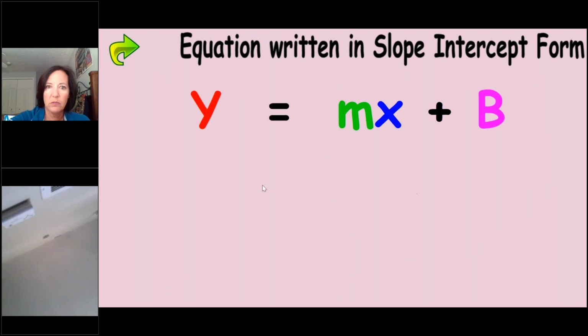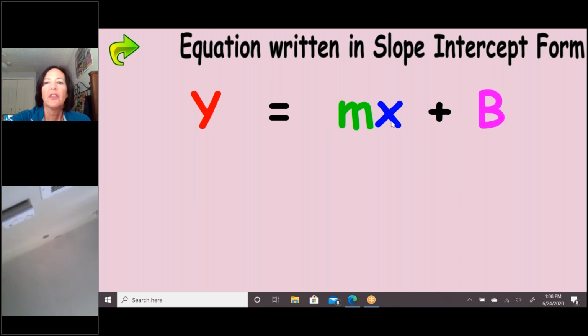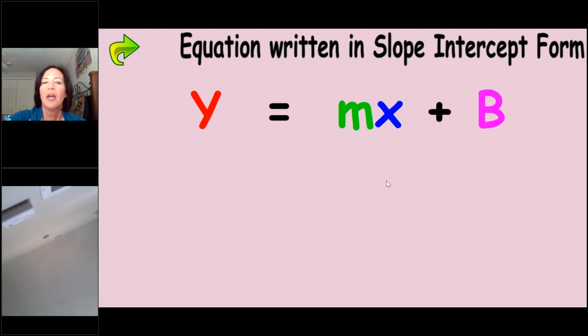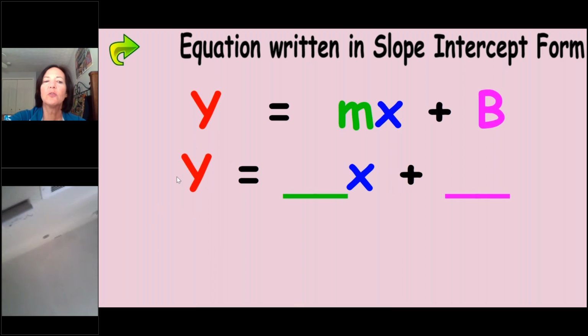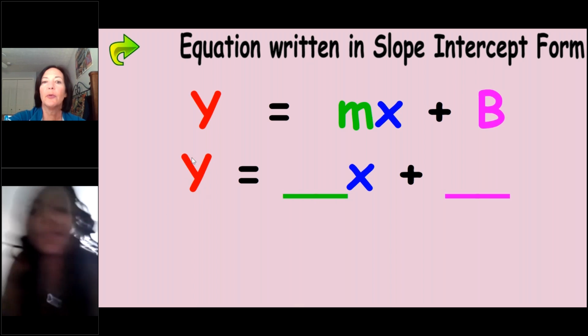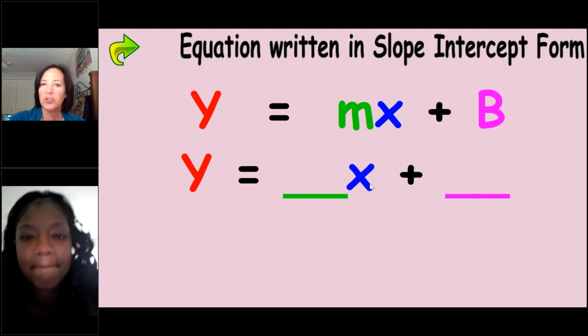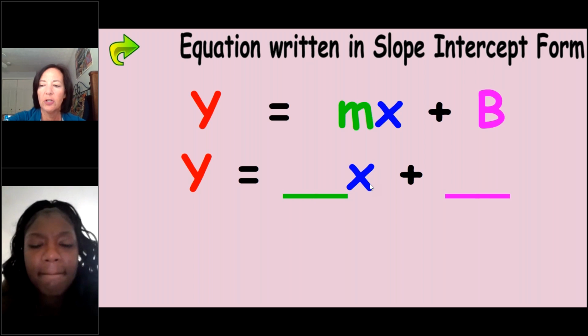So the basic equation of a line, or the slope-intercept form, is y equals mx plus b. It's always going to have the two variables, y and x, remaining in their normal places, but m is going to be replaced by a number.